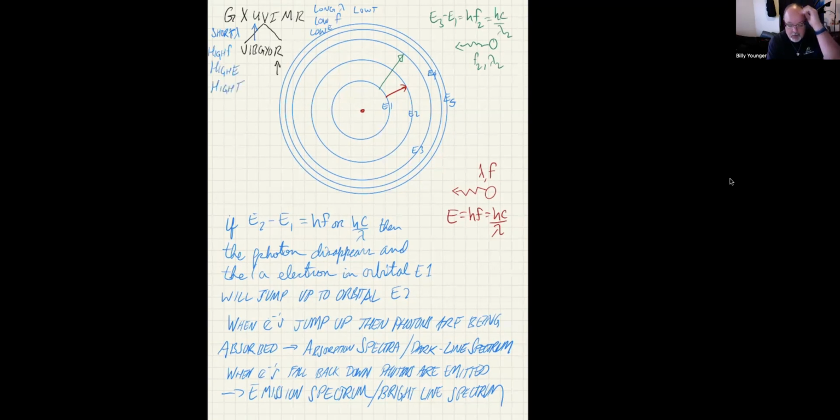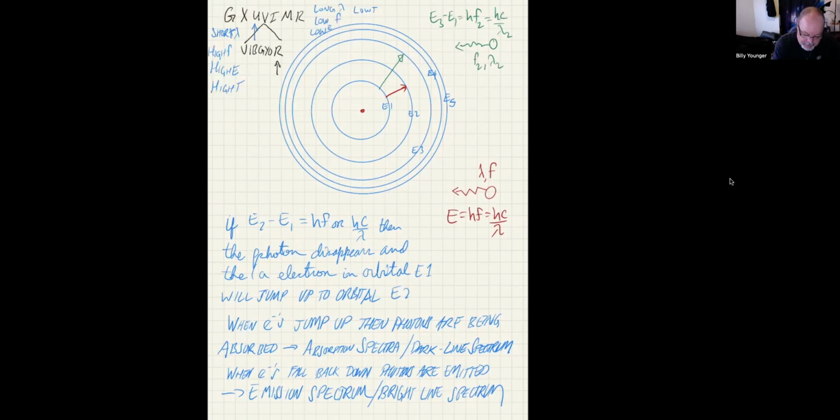Okay, so if I said these two reactions, or these two transitions, one was a red photon and the other one was an ultraviolet, then the one with the highest energy would be the ultraviolet, and the one with the highest energy is, of course, the longest arrow.